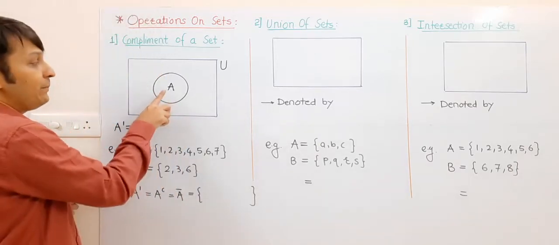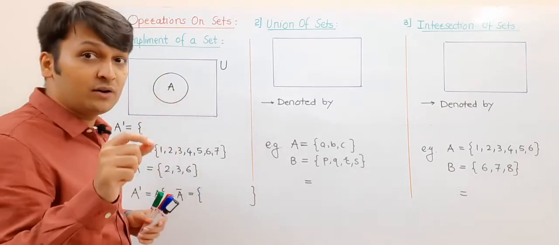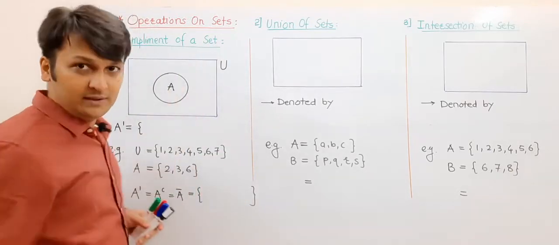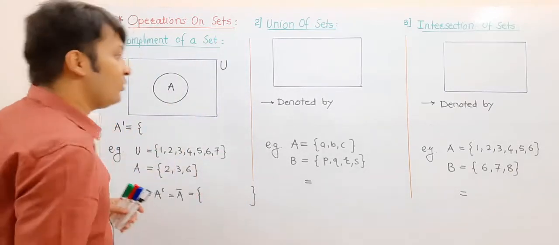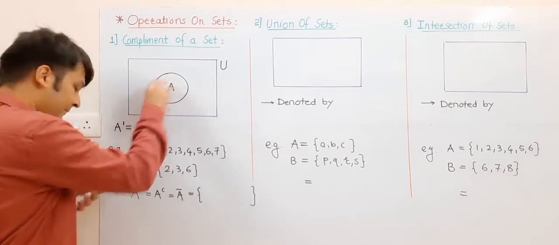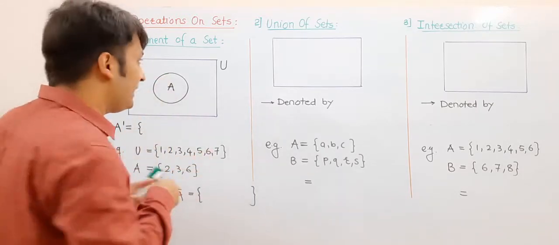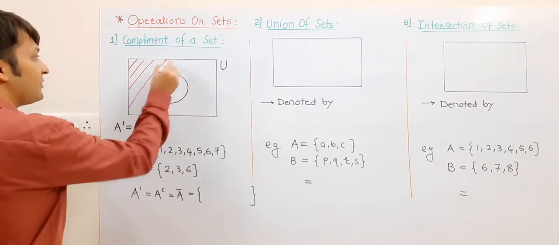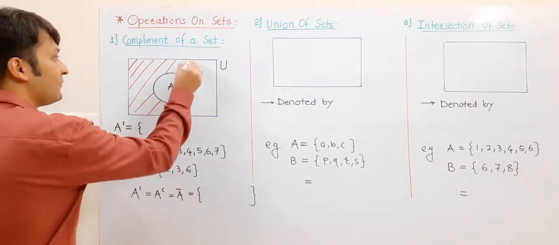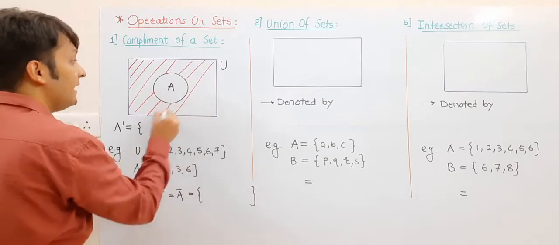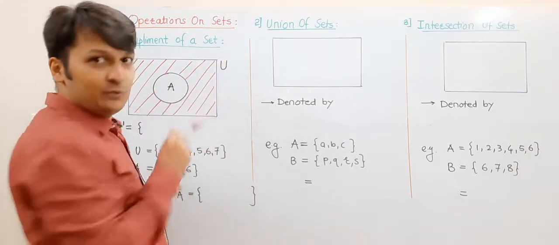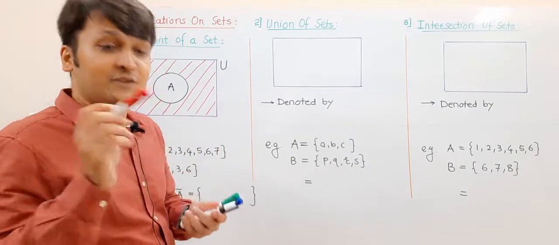If I want the complement of A, that means I want elements other than A but in U, the universal set. Can I shade this portion, and this will be your correct Venn diagram. I'm just shading the elements which are not in A but in U, and that is called the complement.